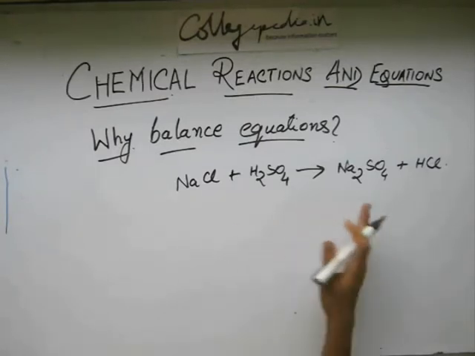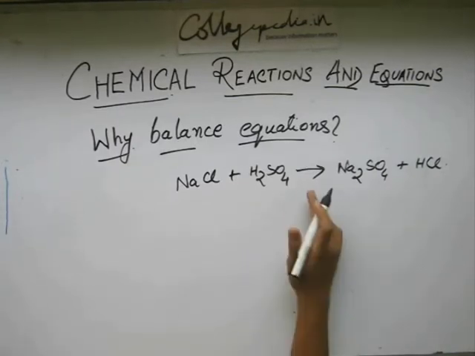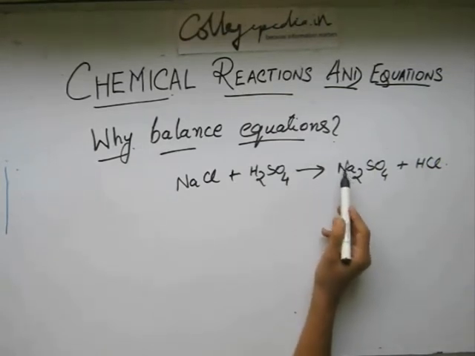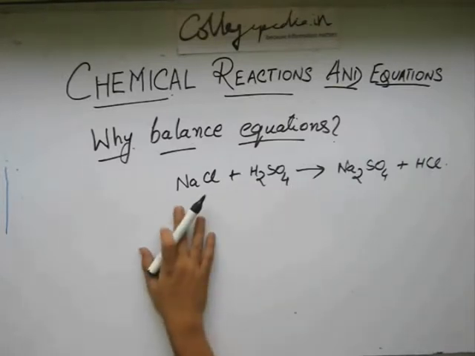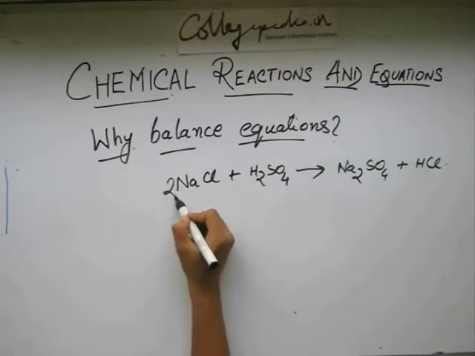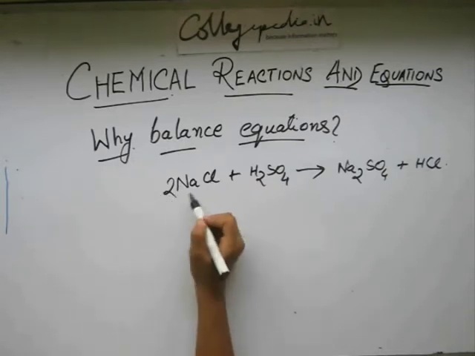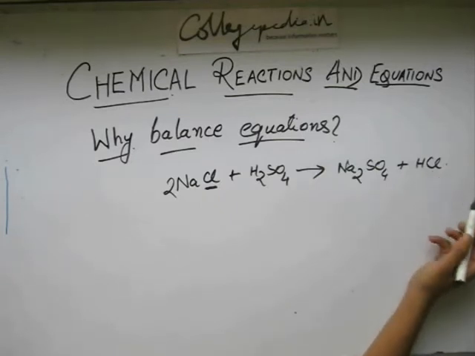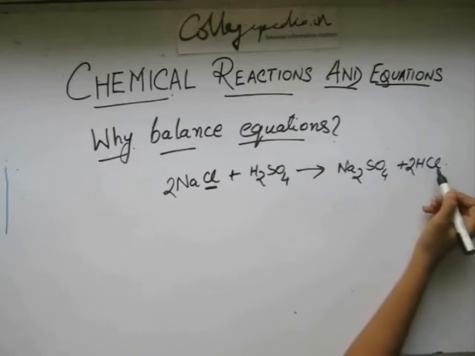Now you will see that the most complicated can be either H2SO4 or Na2SO4. Take any one of them. Let's take Na2SO4. Now you see that sodium is 2. Here sodium is 1. Multiply it with 2. But when you're multiplying this with 2, chlorine also gets multiplied with 2. So in order to balance that, and here chlorine is 1, you take 2 HCl.